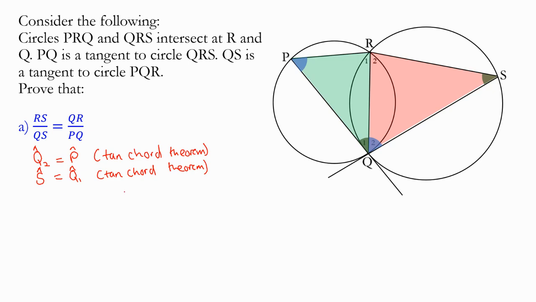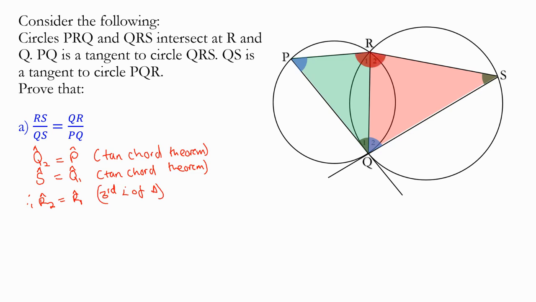So now we can conclude and say therefore angle R2 is equal to angle R1, the third angle of the triangle. So those two are equal.